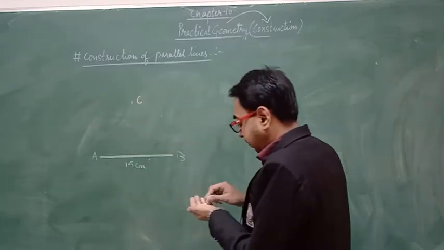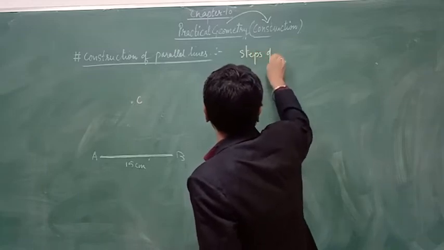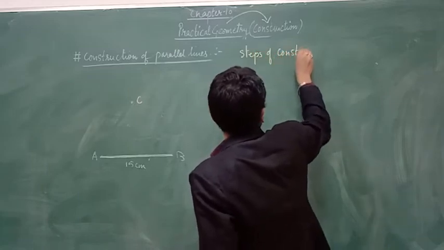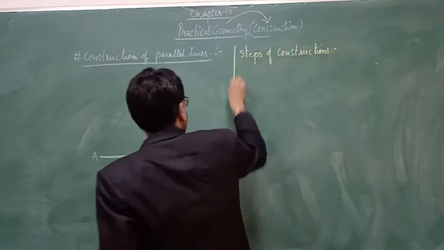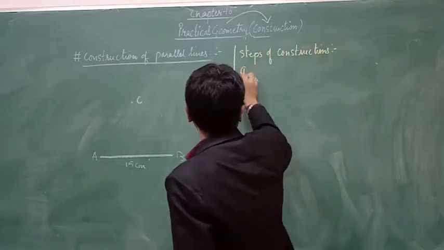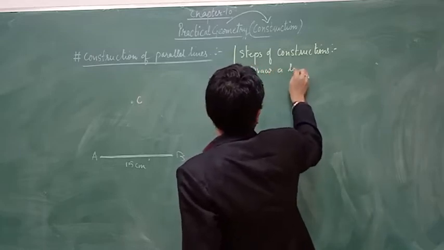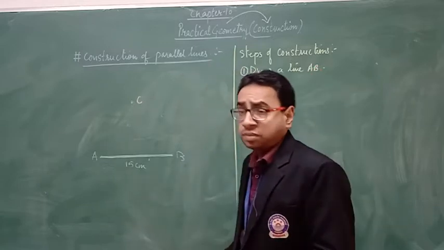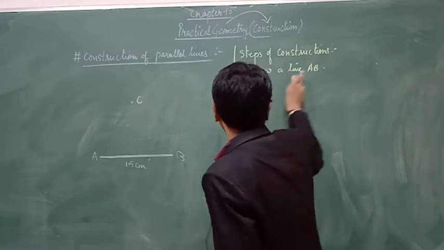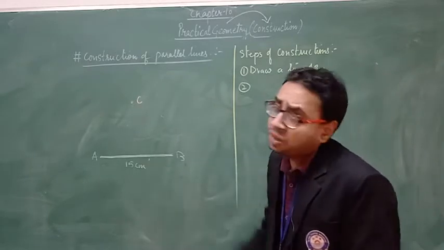Similarly, we'll be writing these steps of construction simultaneously. Steps of construction. We will write first point, draw a line AB. We are talking about the line, that's why we say line, because no measurement is given to you, but if you have measured it, it becomes a line segment.